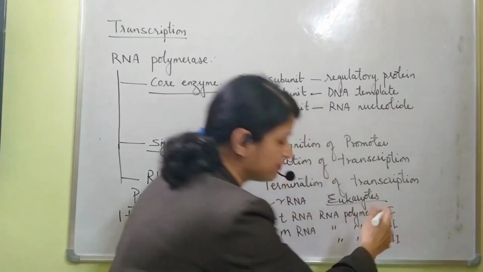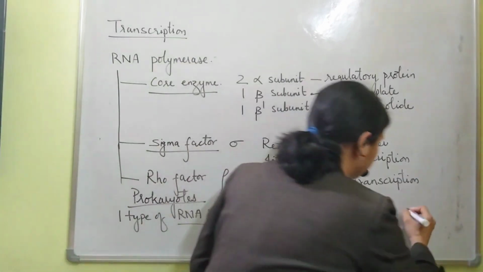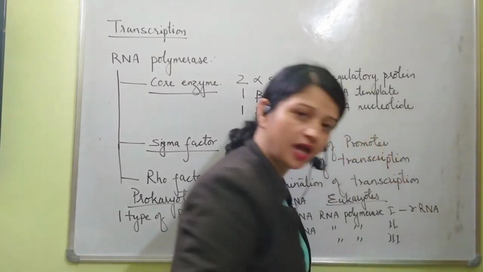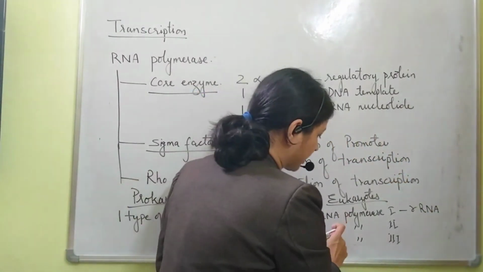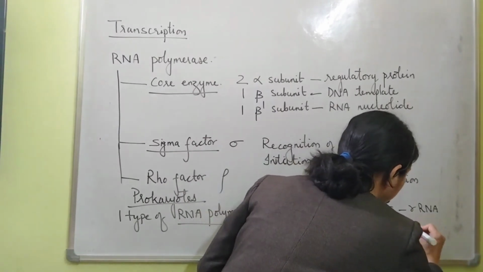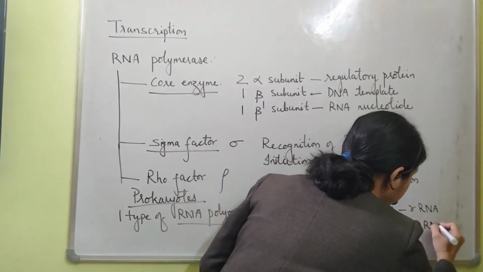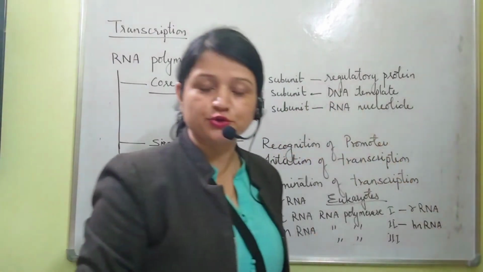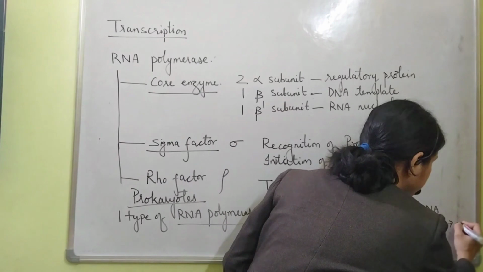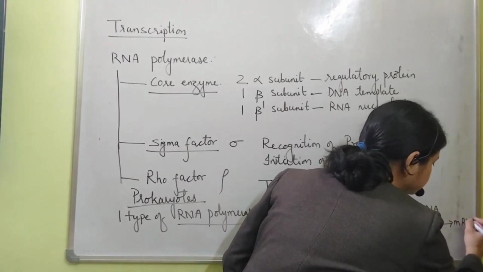This RNA polymerase 1 will transcribe rRNA, that is ribosomal RNA. RNA polymerase 2 will transcribe hnRNA, that is heterogeneous nuclear RNA, which will later lead to the formation of mRNA.